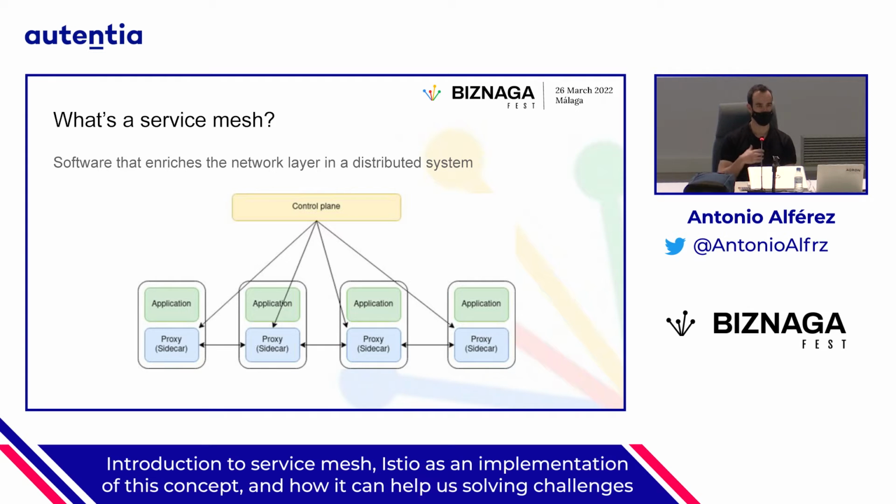It's a software that enriches the network layer, usually in a distributed system. And the image already shows it. It's composed of a control plane and a data plane. The data plane are the proxies that sit next to our applications, our services, our virtual machines, and a control plane that manages them, that pushes their configuration, that controls them, basically.